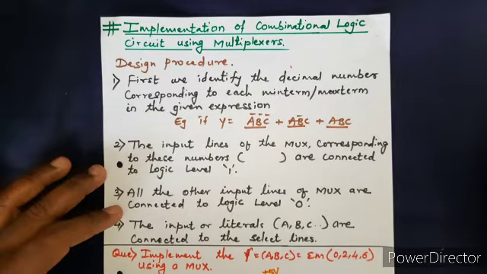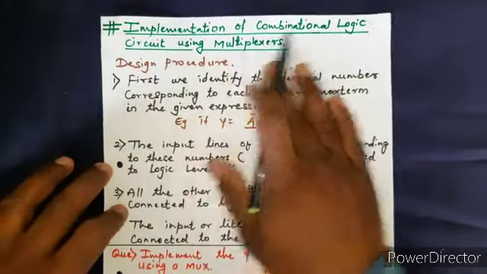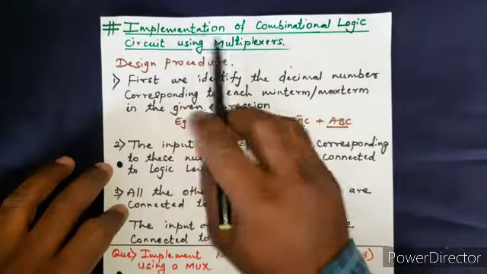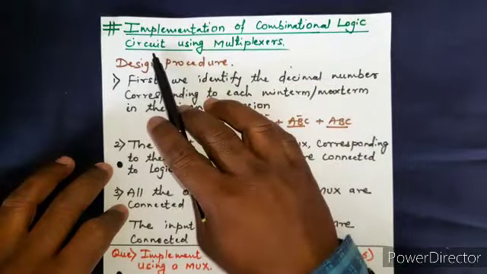Now let us extend the concepts of multiplexers and combine them with combinational logic circuit concepts. So today's topic is implementation of combinational logic circuits.